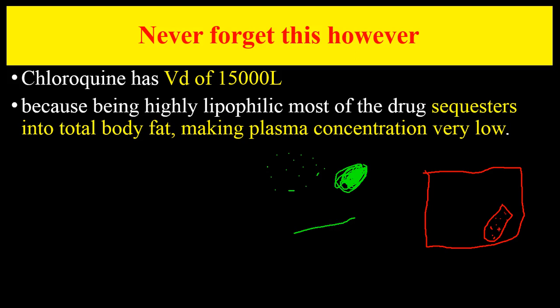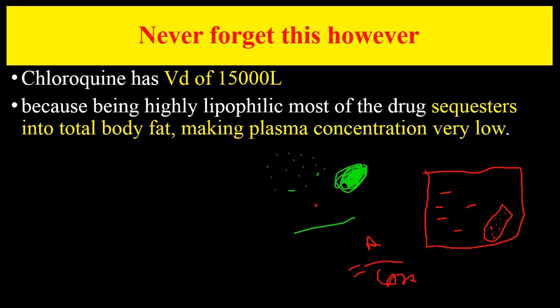The resulting concentration in the tank will be lower, and when we divide the amount by the resulting concentration, the apparent volume of the tank would become very high. In our body, there is not only this one brick, not only this lipid, but there are also bones and muscles, so they have different affinity for that drug.